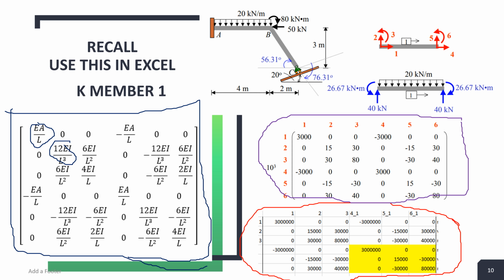And to calculate the fixed end moments, you assume that you isolate the members. For example, member one, you isolate it and replace the supports by equivalent reactions.